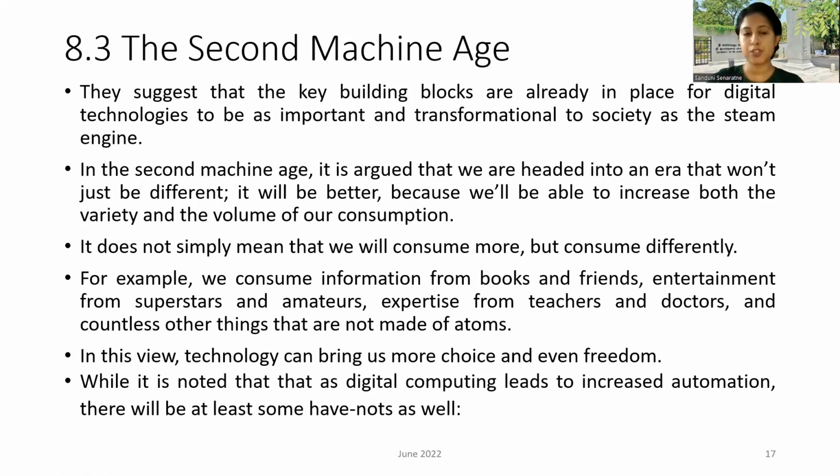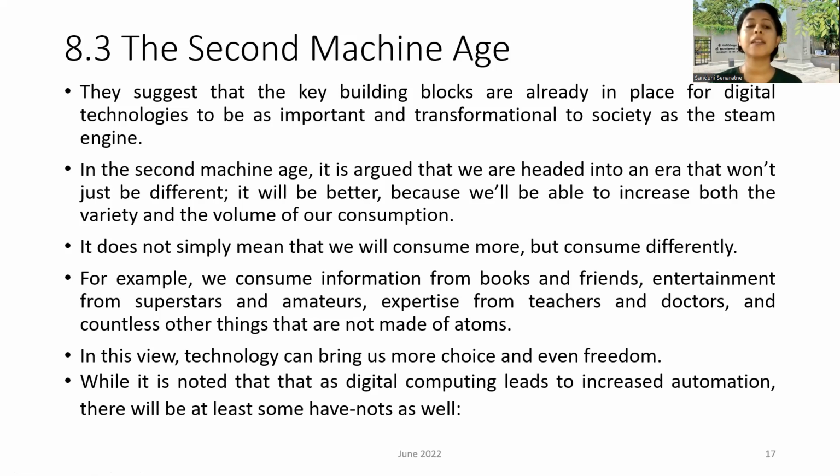In the second machine age, it is argued that we are headed into an era that won't just be different, it will be better because we'll be able to increase both the variety and the volume of our consumption. Now, this is also an interesting observation. It is argued that during this second machine age, we are headed to an era that will be better from the consumers' point of view, because we will be able to increase our variety of consumption.